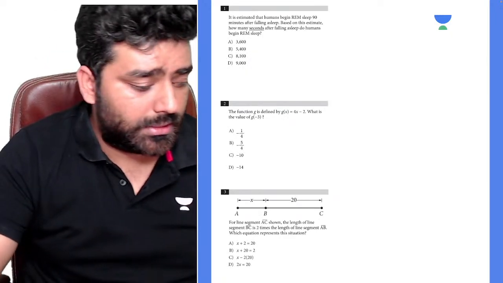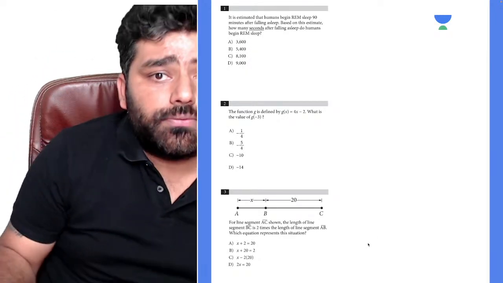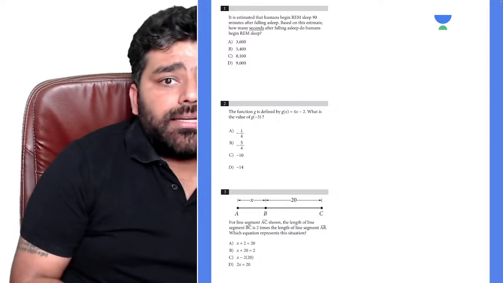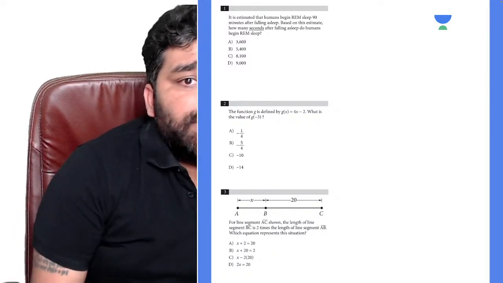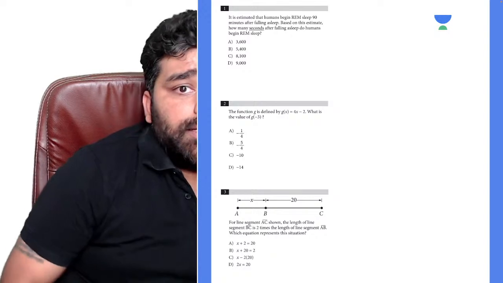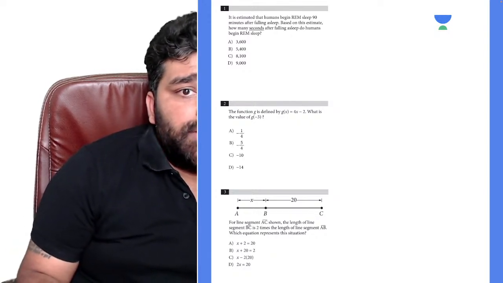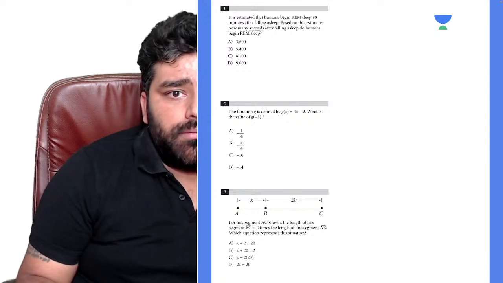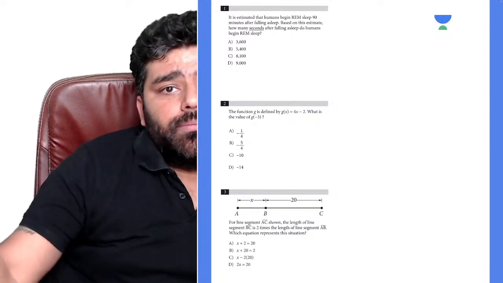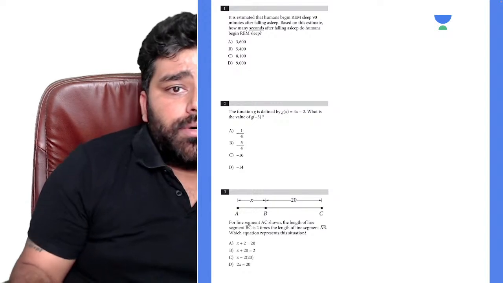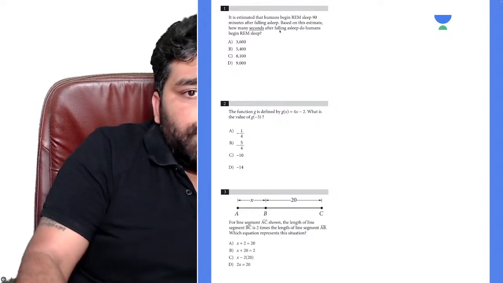So let's start with the test, right? First of all, what is given to us? It is estimated that human beings reach REM sleep 90 minutes after falling asleep. Based on this estimate, how many seconds after falling asleep do? We need to convert this 90 minutes into seconds.